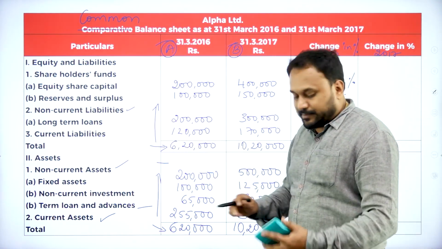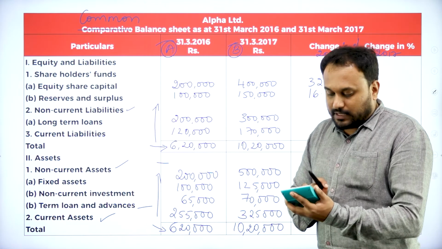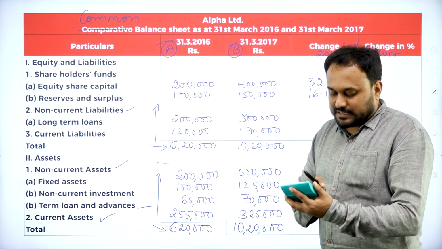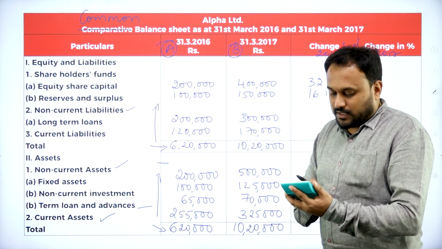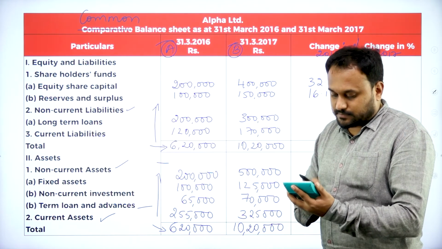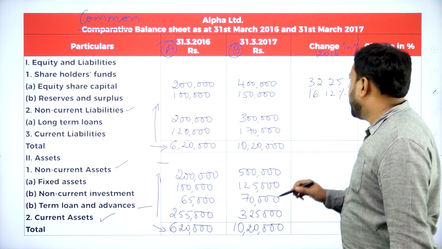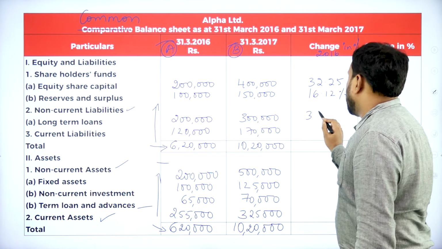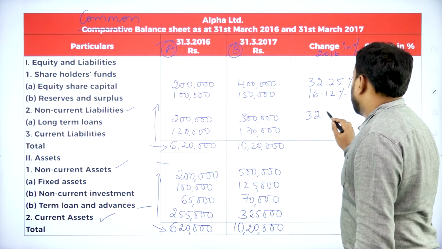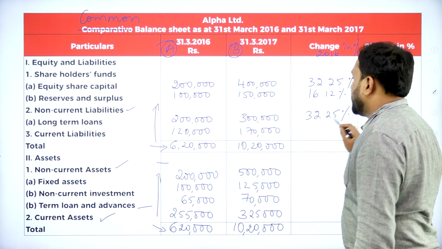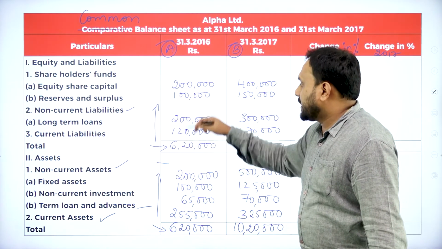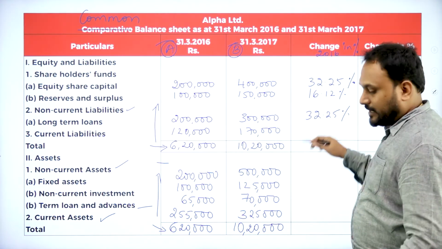Next, 2 lakh divided by 6,20,000 into 100. So 32.25%. See here also 2 lakh divided by the same thing, 32.25. Done.